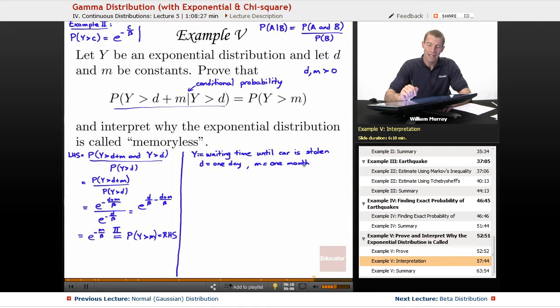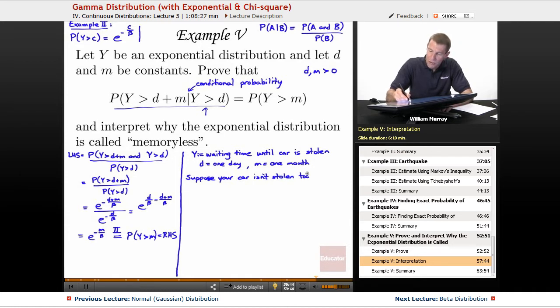What this is really saying, we have conditional probability here. This means, given that y is bigger than d, so suppose y is bigger than d, that means you made it through the first day without your car being stolen. So suppose your car isn't stolen today.